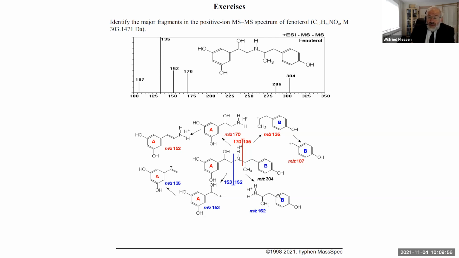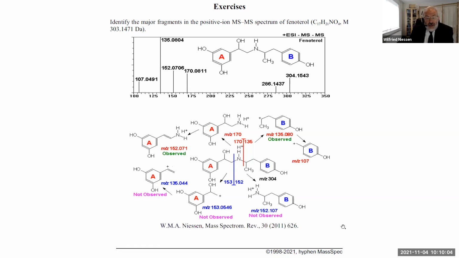If we now go to the spectrum and get accurate mass, there's something interesting showing up. Because if you have a look at the accurate mass spectra, you will be able to see that all the ions explained from cleavage at the right-hand side of the nitrogen are actually observed.